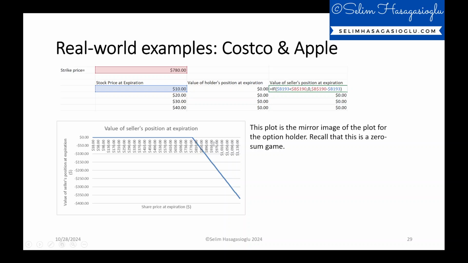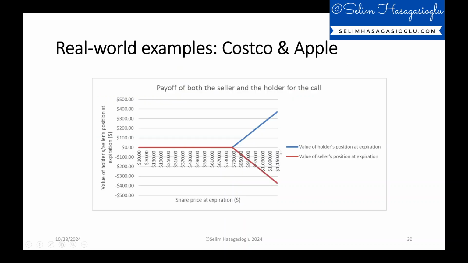And this profit will be the loss for the option seller, because they need to deliver these stocks to the option holder at 780, while in the market these common stocks are more valuable, trading at $900.